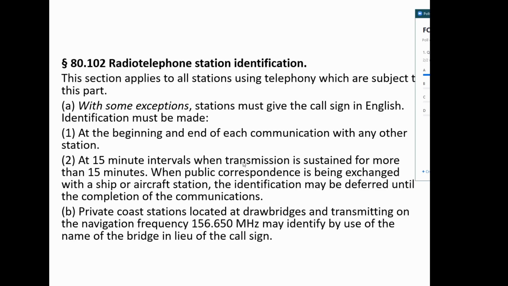You can hear that on the regular broadcast stations. B. Private coast stations located at drawbridges and transmitting on the navigational frequency of 156.650, so that might be their navigation frequency. Yeah, that must be the ship-to-ship also. They may identify by using the name of the bridge in lieu of the call sign.